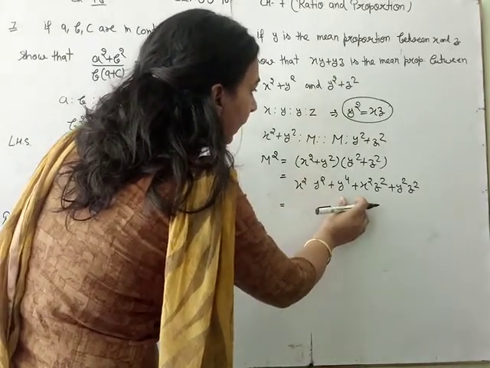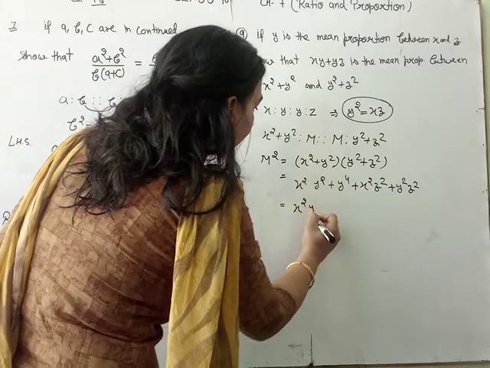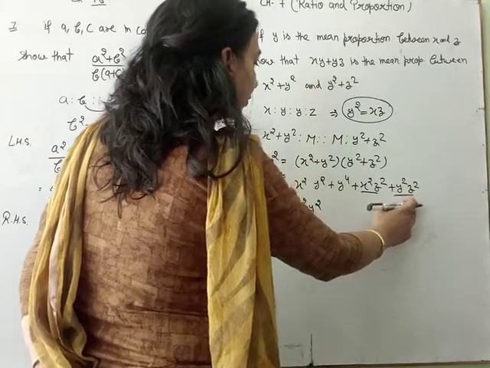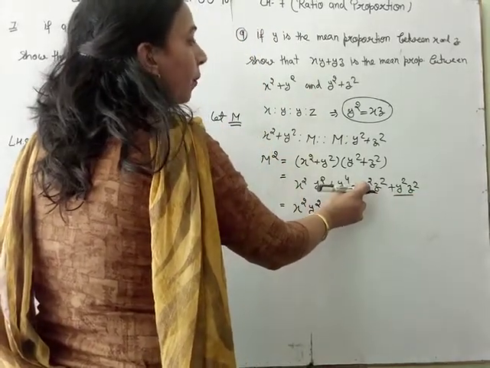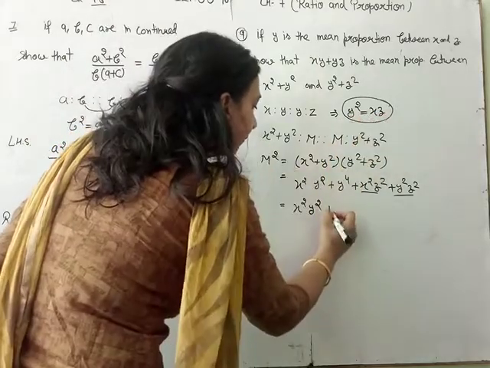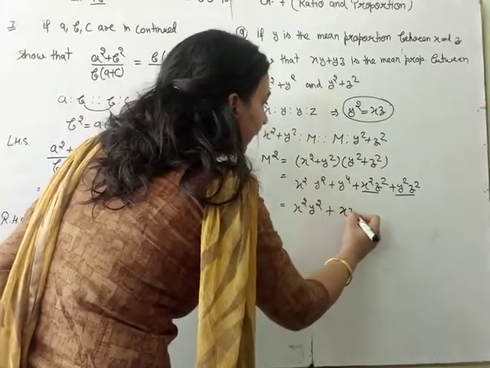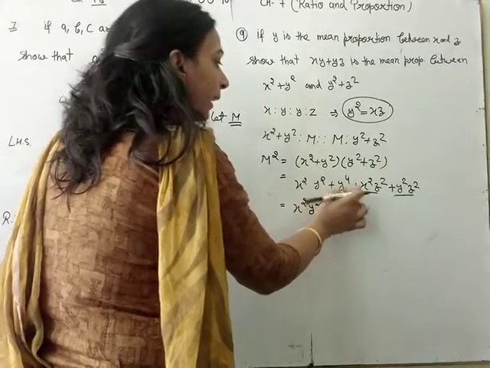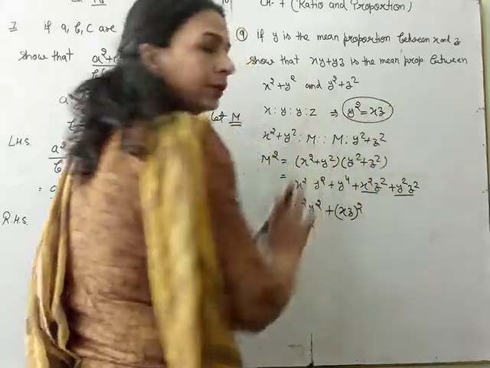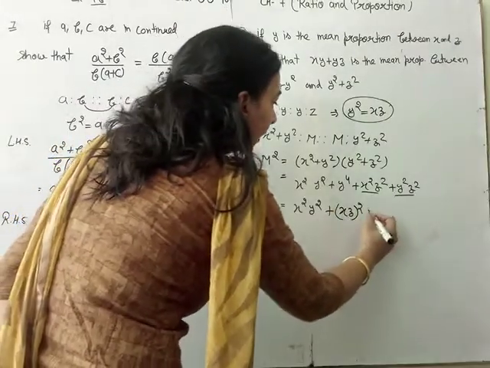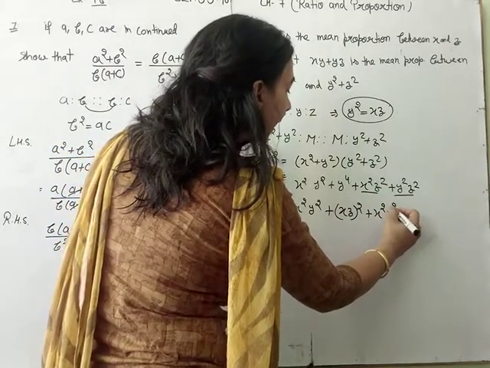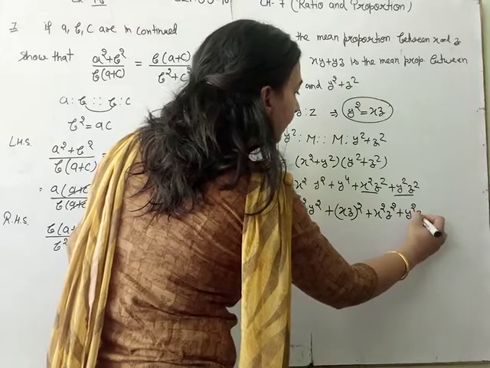Then we write only in this x square y square as it is, x square z square, this is y square and z square, and this is y to the fourth, and in place of y to the fourth, since y square equals xz, we write x square z square. Okay, student, y square equals xz and y to the fourth equals x square z square. Okay, x square z square plus x square z square as it is, plus y square z square.